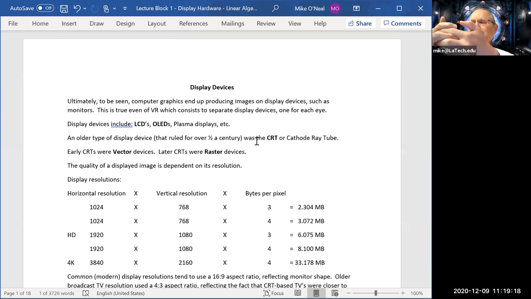Since it took two passes and you had 60 hertz, you could get 30 full images a second. So it was actually 60 passes, where you draw 240 lines on one pass and 240 lines on the next pass, interlaced together to draw an image.